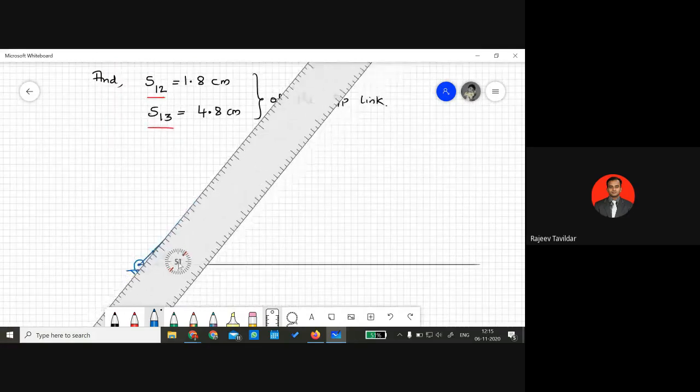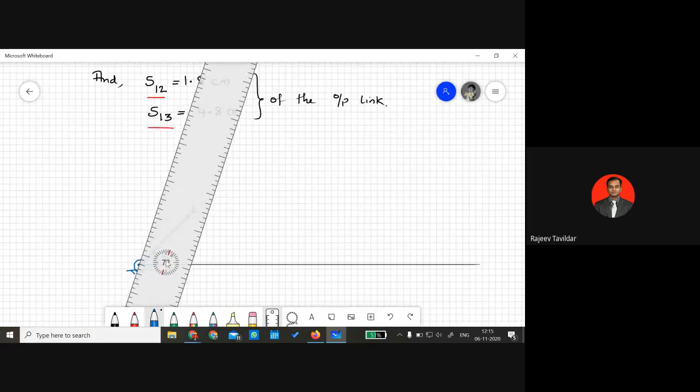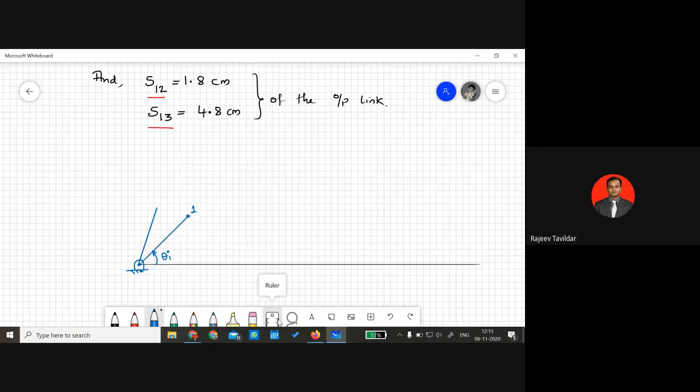See, I'm just drawing the approximate links. Okay. So this is the position 2. Okay. And this angle between 1 and 2 is given to us as 40 degrees. I hope this is clear.